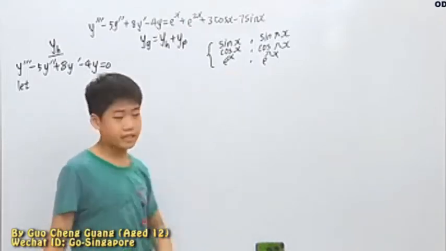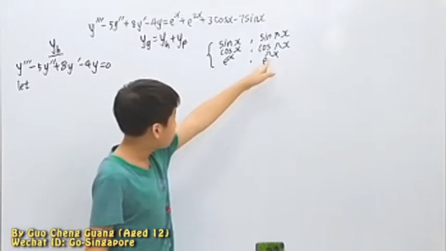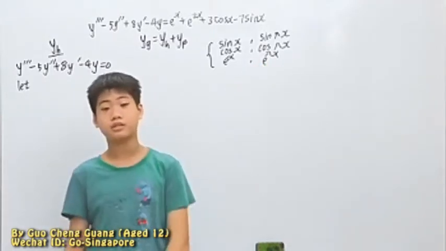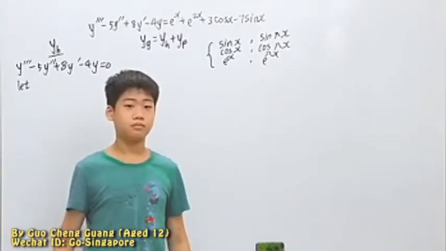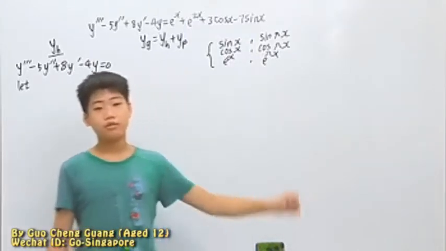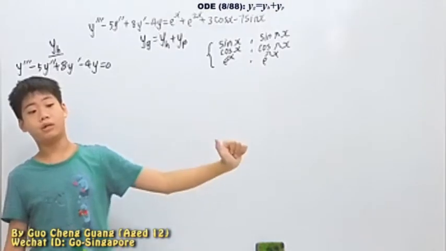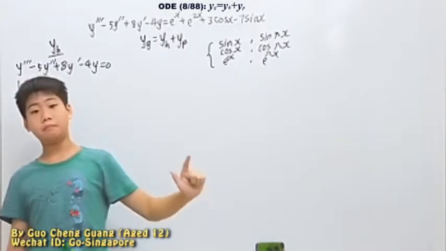But how about e, the exponential? Lambda, we're not sure what type of constant it is, but it is definitely a constant. There are a few different types. Firstly, lambda is a real number. Second case, lambda is an imaginary number.